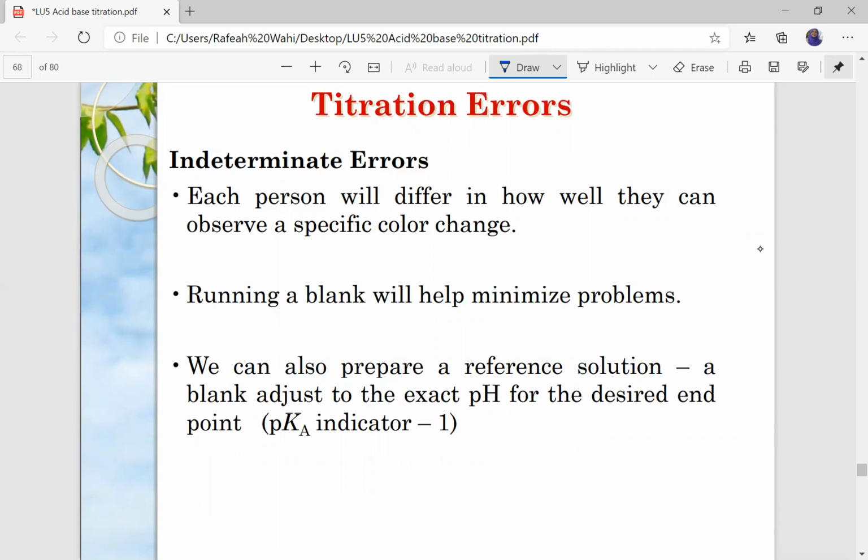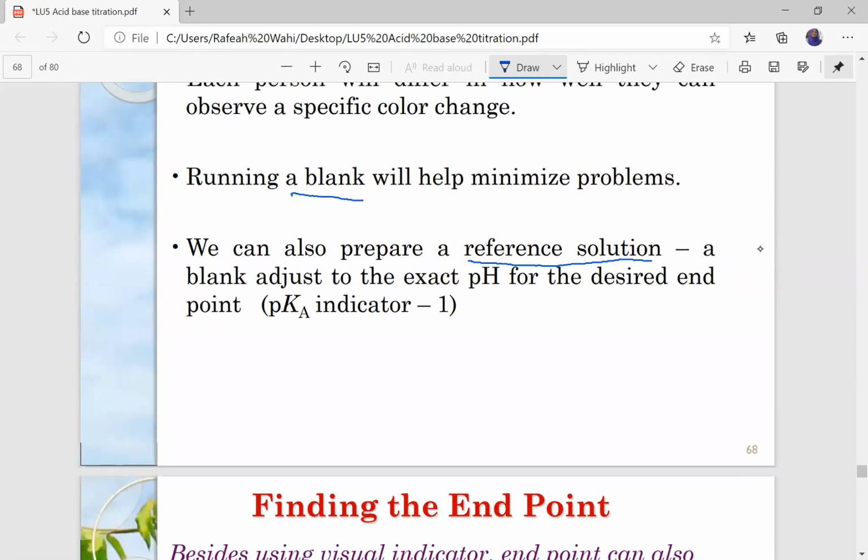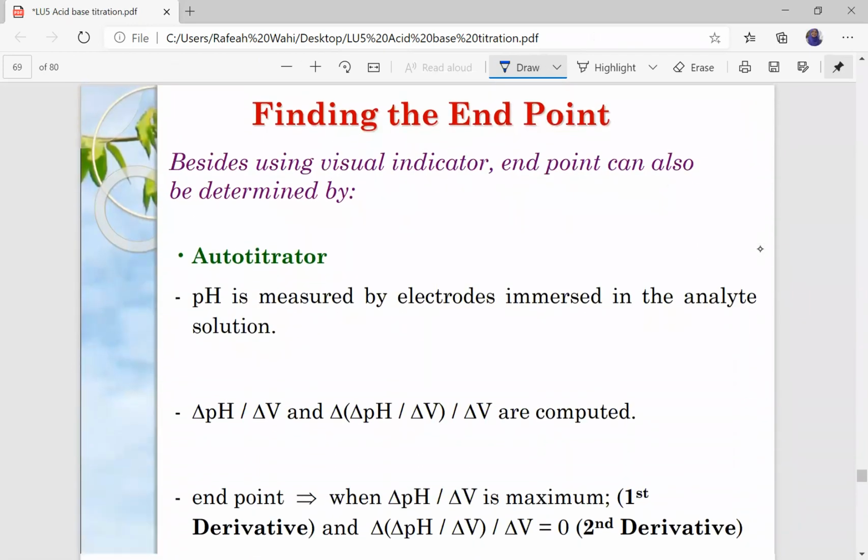Okay, whether you use a blank or a reference solution, this will help to reduce the indeterminate error. So indeterminate error is caused by the way different persons see or observe the color change. Okay.